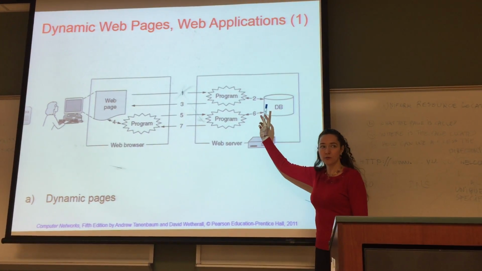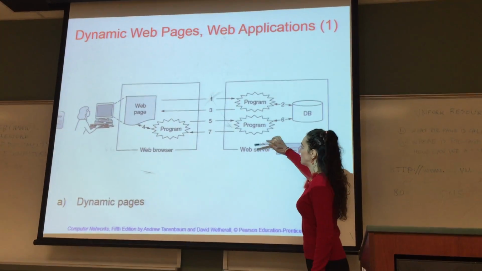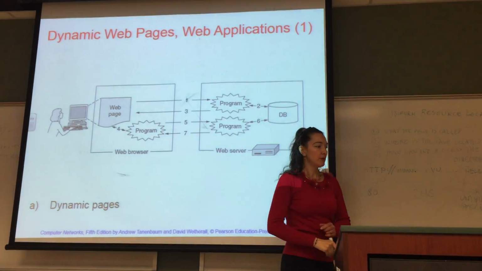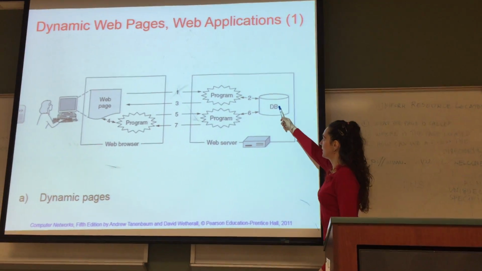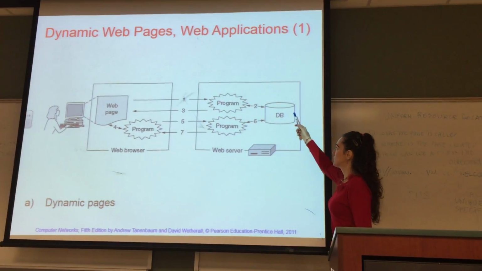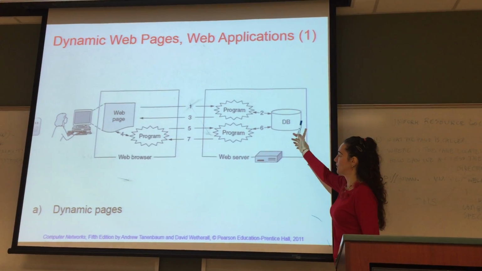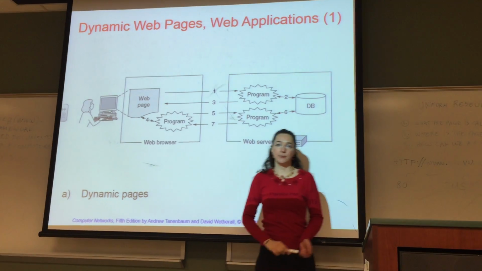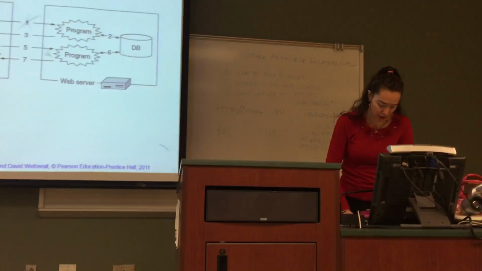And then once we look up the information for that client, we will generate a specific page for that client and send it back to them. For example, I placed your order, I looked at my inventory, now I have decremented the number of small widgets that I have, because I just sold one to you, and here is your order confirmation, and send it back. That will be a dynamic page because it's customized for each client.